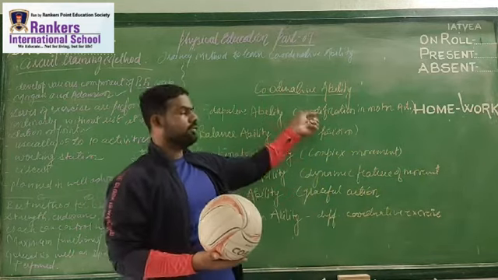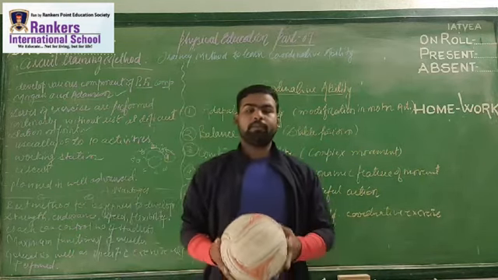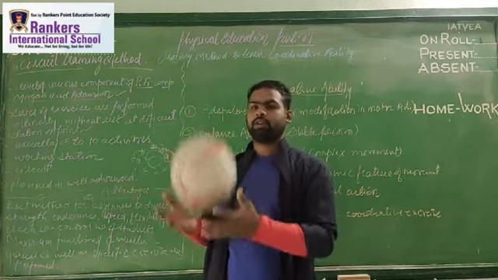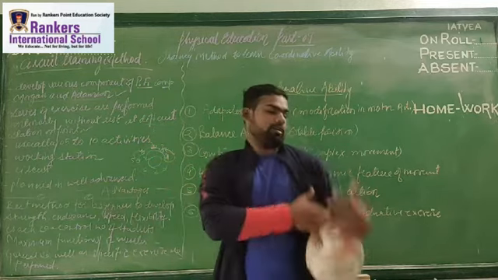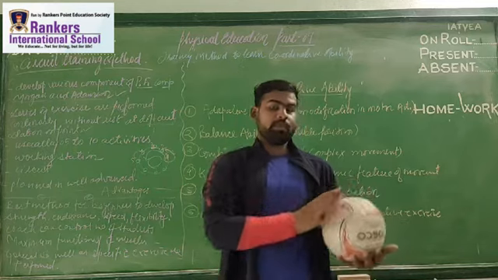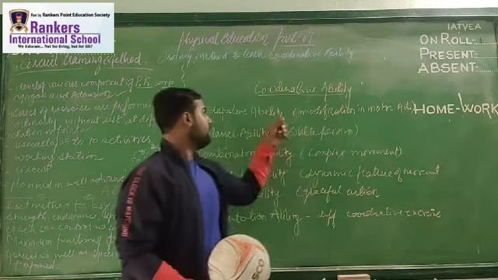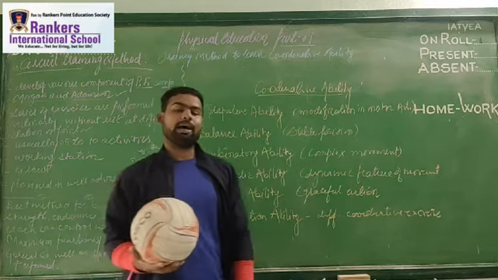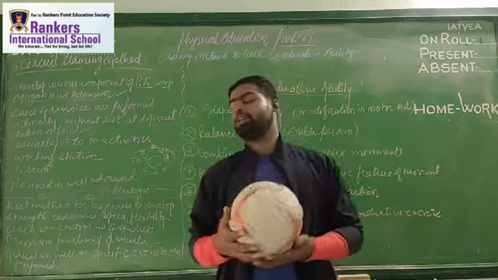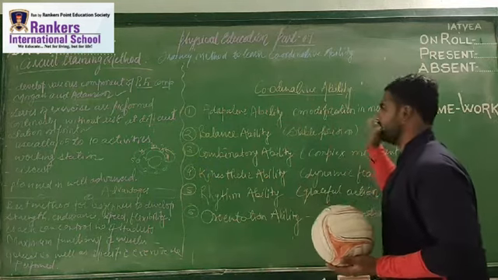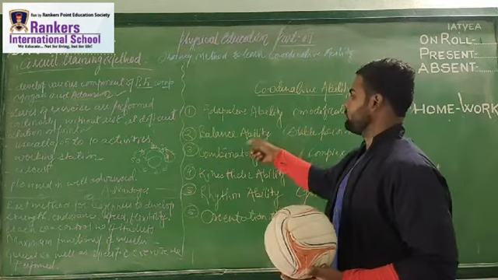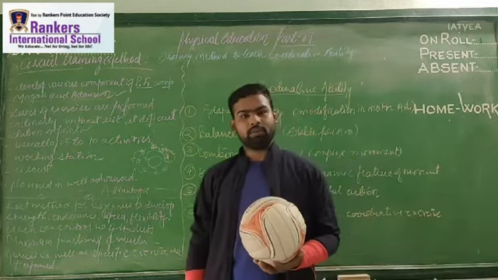I show the modification in my motor activity, because I know the ball is coming this way, and suddenly when it comes here, I catch it again. So this is called the adaptive ability, to do adaptation, to do modification in the motor activity. Now let's see the next one, that is the balance ability.